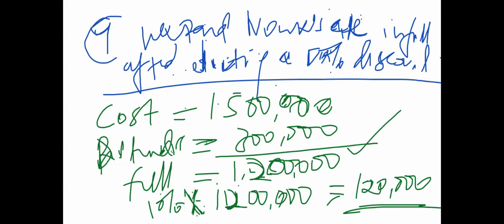Meaning, if he gave us a discount of 10%, which is 120, we must have paid 1.2 minus the 120. That is the money that we paid to him. So it was 1,080,000. So this is the money that we paid him after deducting. So we paid all of this to him in full. So the discount of 10%, we deducted it and we remained with that.